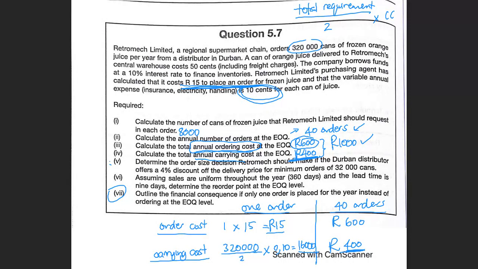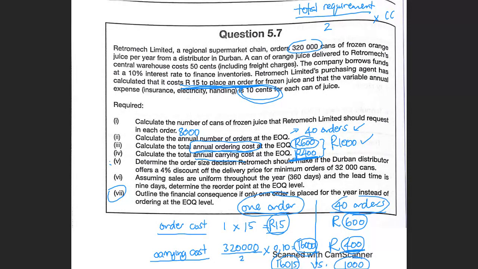So together, this plus this gives us 16,015 compared to together this and this gives us 1,000. So if we place only one order, the cost is 16,015 Rand. If we place 40 orders, the cost is 1,000 Rand.